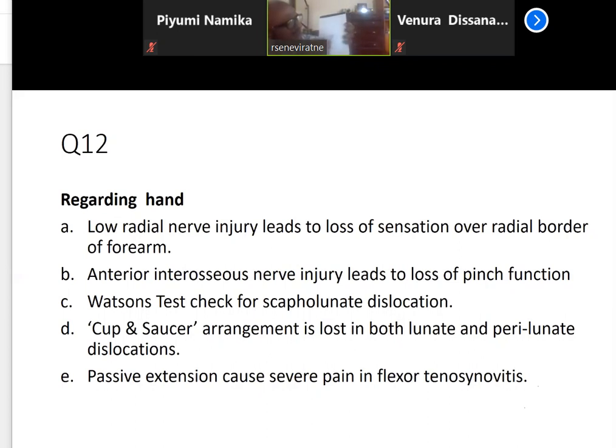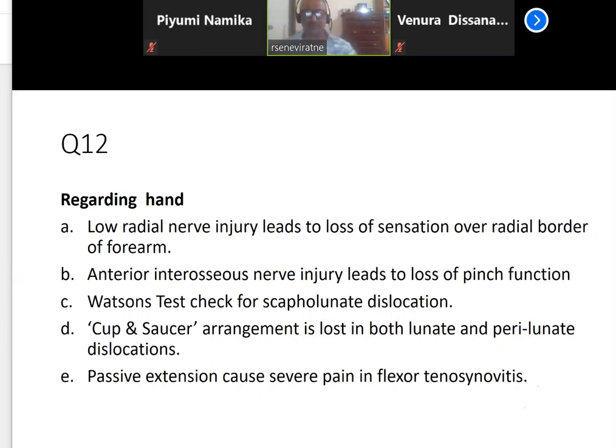The radial distal end is the saucer, and the lunate is the cup. Then on top of that, there's a thing called the apple. What is the apple? The apple is the capitate. So the cup, saucer, and apple arrangement is the radiological normal appearance.